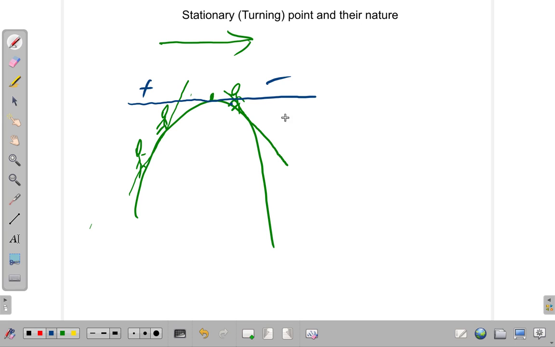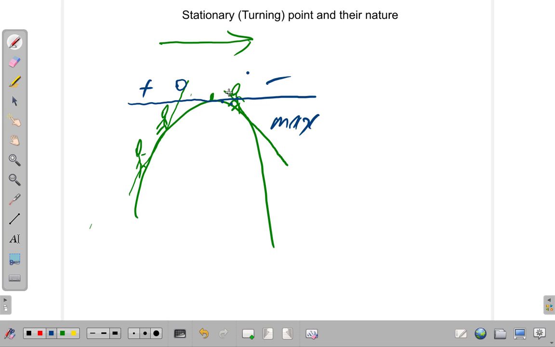So this is a maximum point. That's the nature of this point. It's a maximum. And it's stationary, as we have looked at in previous videos. The gradient is 0. So you have a stationary point there. You can imagine that if you put a ball on this tangent, it would roll down the hill.